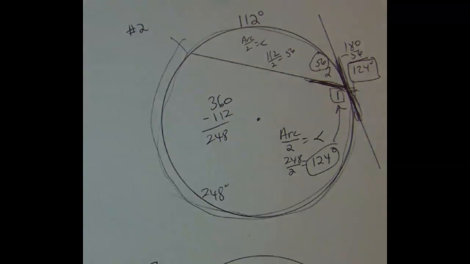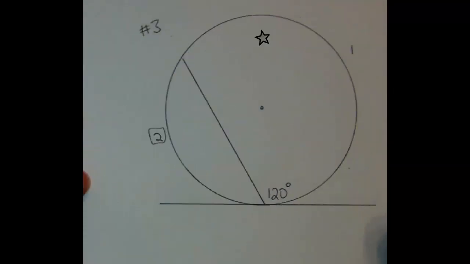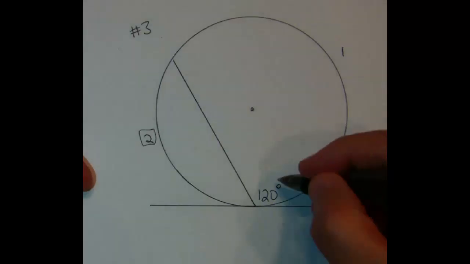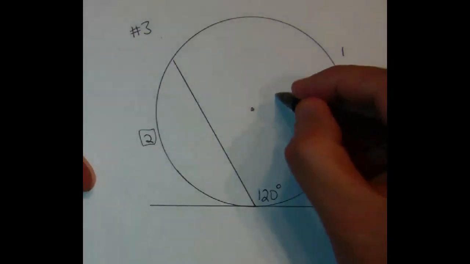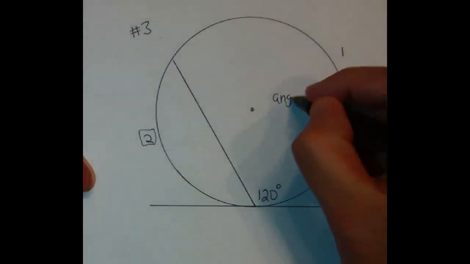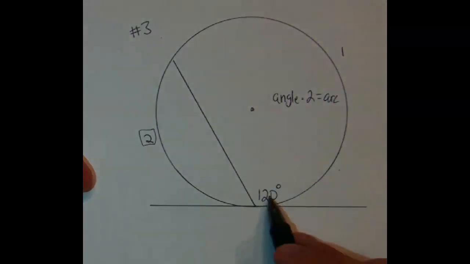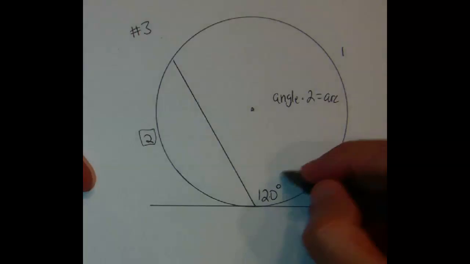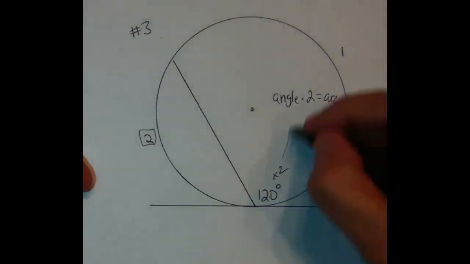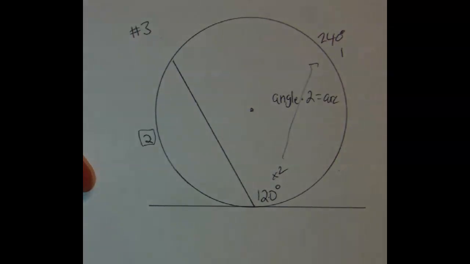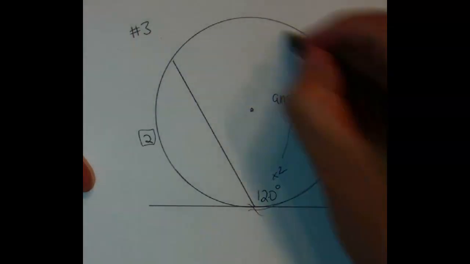Number 3, we need to find arc number 2. Two ways of doing this problem. Probably the easiest way, since we know the angle times 2 is equal to the arc. Here's the angle, which is 120, multiply it by 2, and we get an arc of 240 degrees. So it's 240 from here to here.